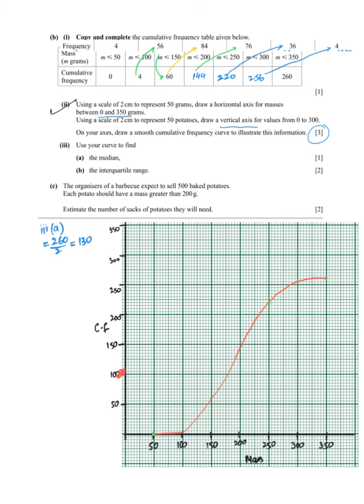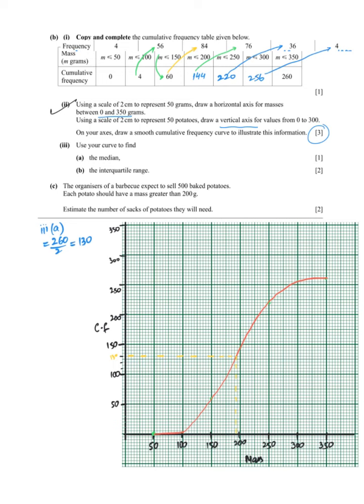It's 100, 110, 120, and 130. That point here, it's 130. So I need to construct a line here. That line is 130. It meets the curve, and I need to find the value where it meets at the x-axis.